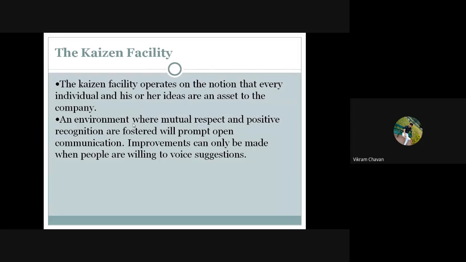Write down next. Kaizen facility. The Kaizen facility operates on the notion that every individual and his or her ideas are an asset to the company.